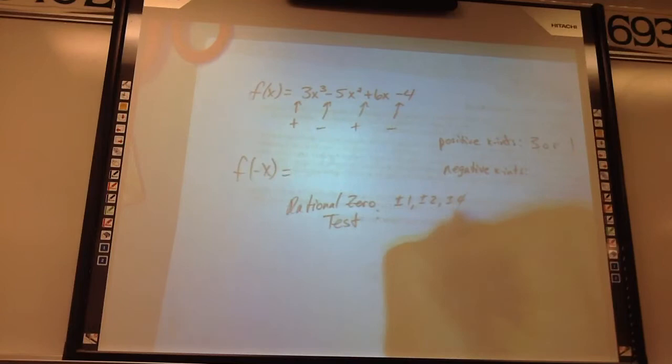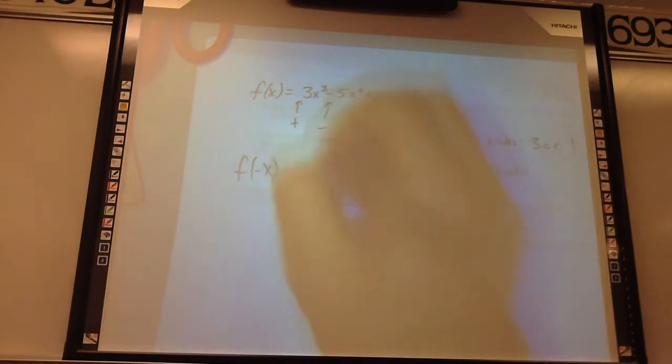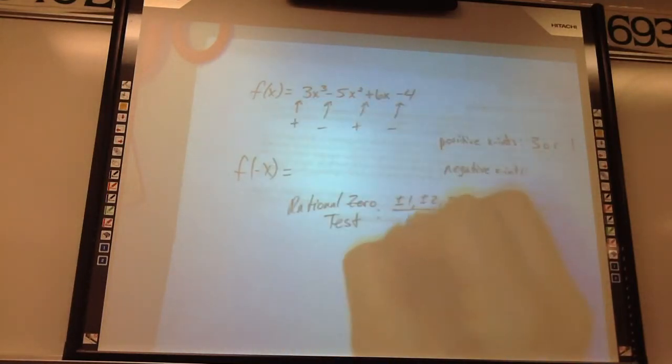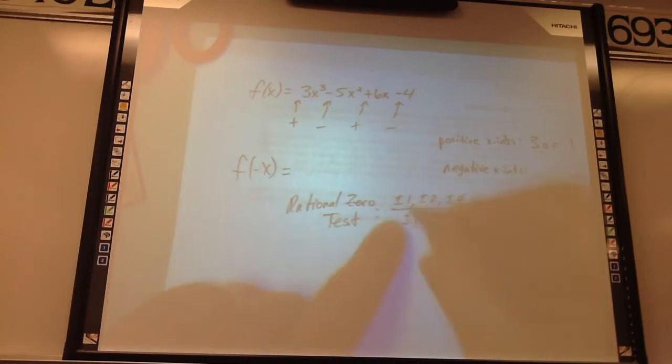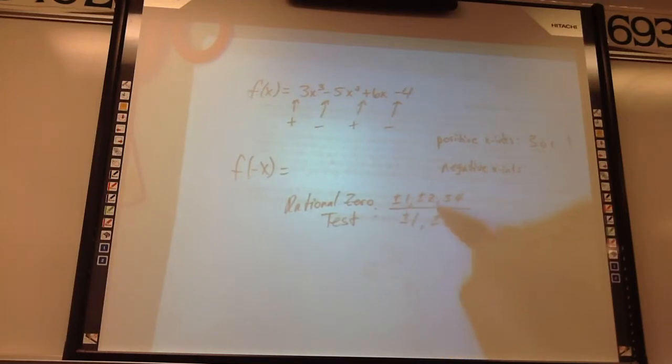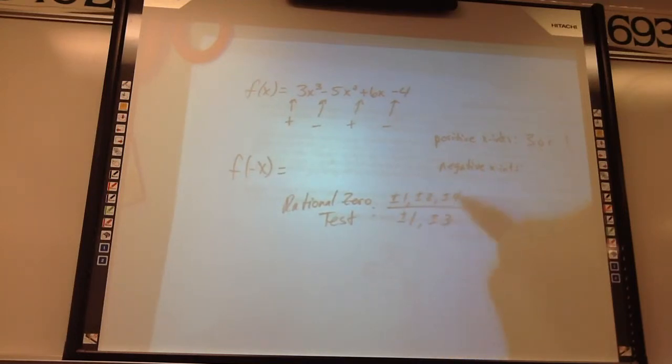And if you divide any of those by the factors of 3, which are just plus or minus 1 or plus or minus 3, among those many possibilities, you will have the rational x-intercepts of that function. So you could have 1 or negative 1, 2 or negative 2, 4 or negative 4. You could have 1/3 or negative 1/3, 2/3 or negative 2/3, 4/3 or negative 4/3.